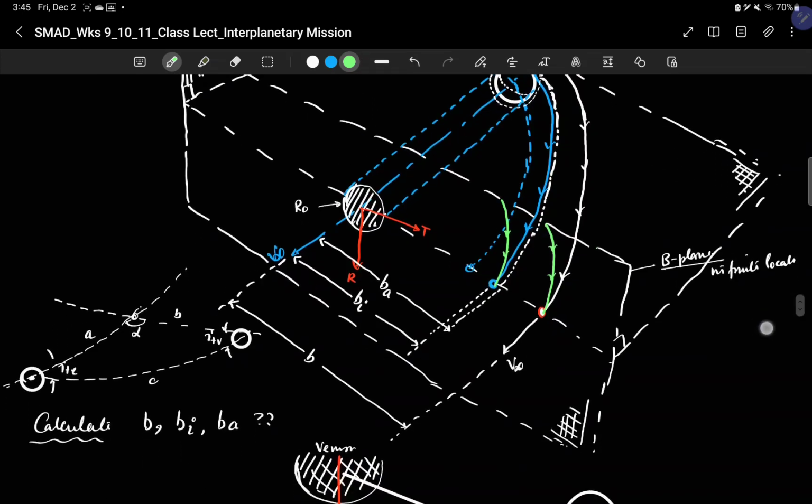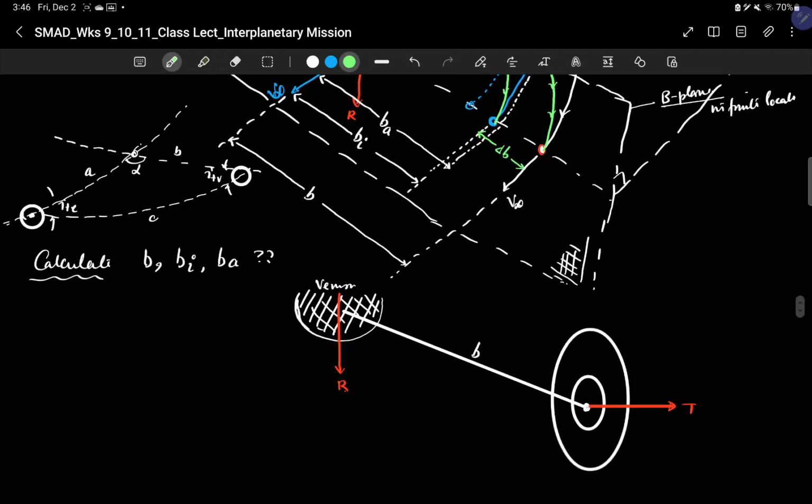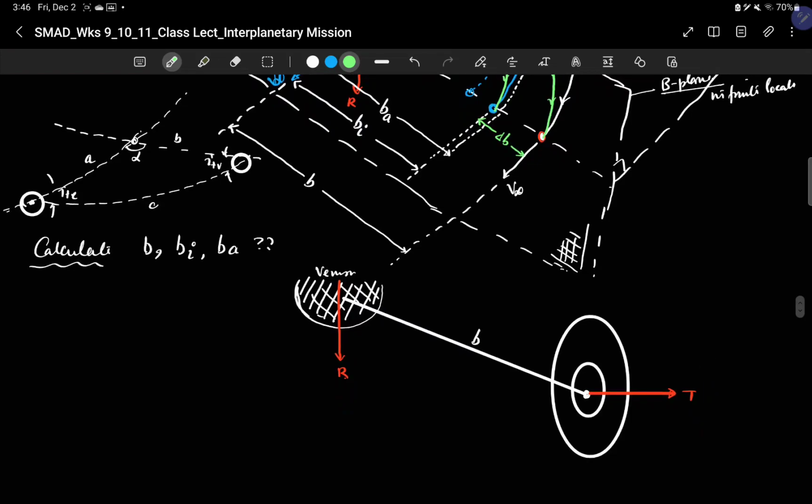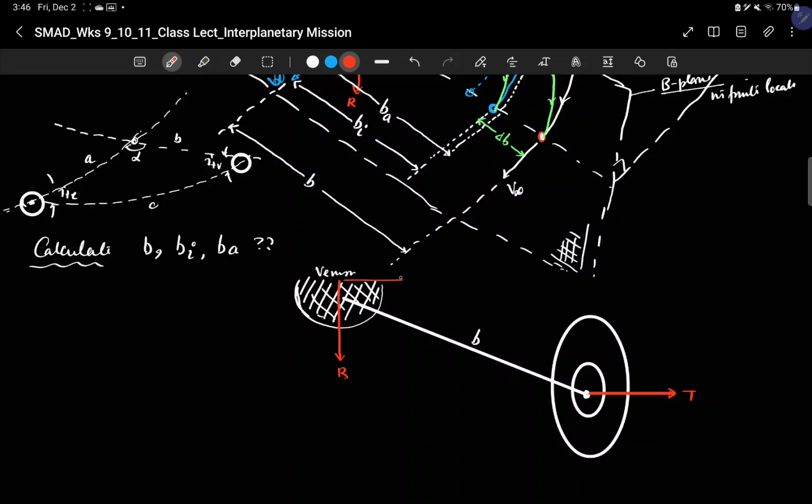The idea is that if we have to adjust this distance between the two planes, let's call it delta B, this delta B will determine what kind of mission we will be performing. That is why your R vector and the T vector, the T vector was in this direction.